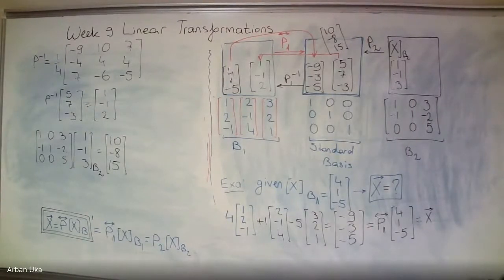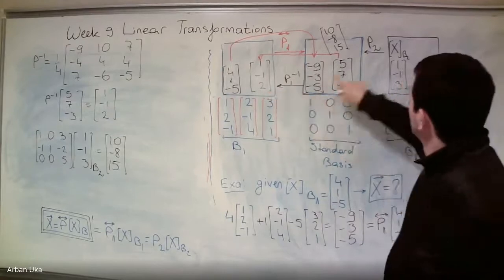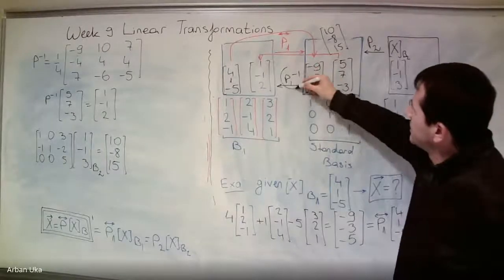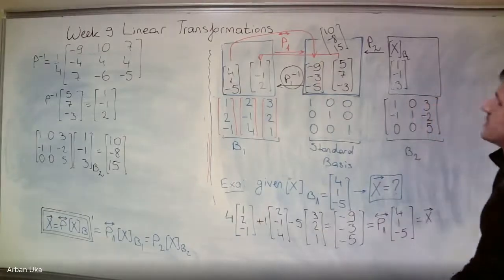What about in the B1 basis? What is this vector in this basis? We need to use the inverse matrix we found earlier. With this one, right? Yes, that's true. It's 1 over 4 times the matrix with rows (-9, 10, 7), (-4, 4, 4), (7, -6, -5).